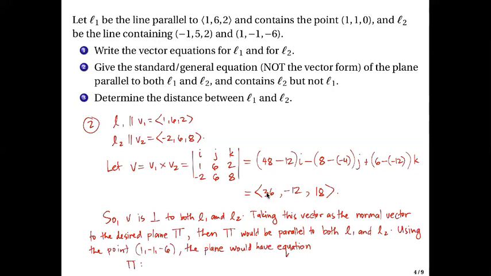We have 36 times x minus 1. Then you have the minus 12 here, so minus 12 times y minus negative 1. Then plus, you have 18 here times z minus negative 6. And this is equal to 0. So this is the standard equation for the plane.